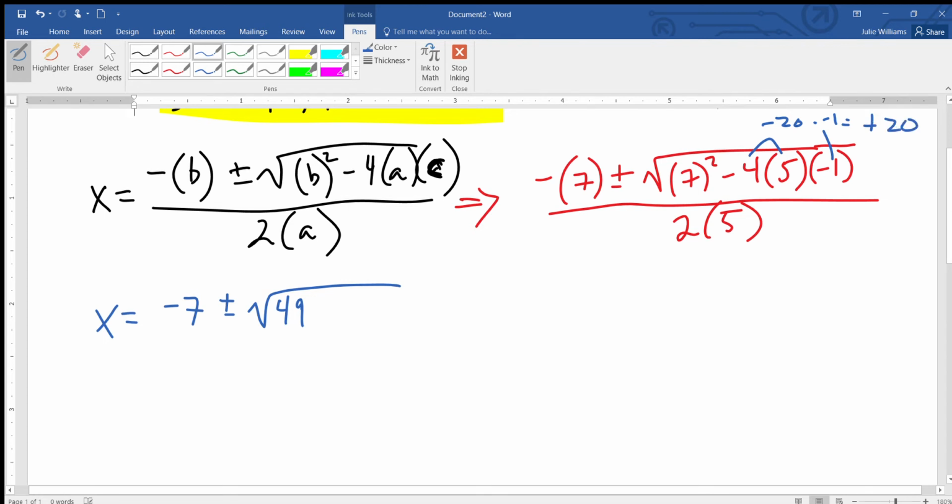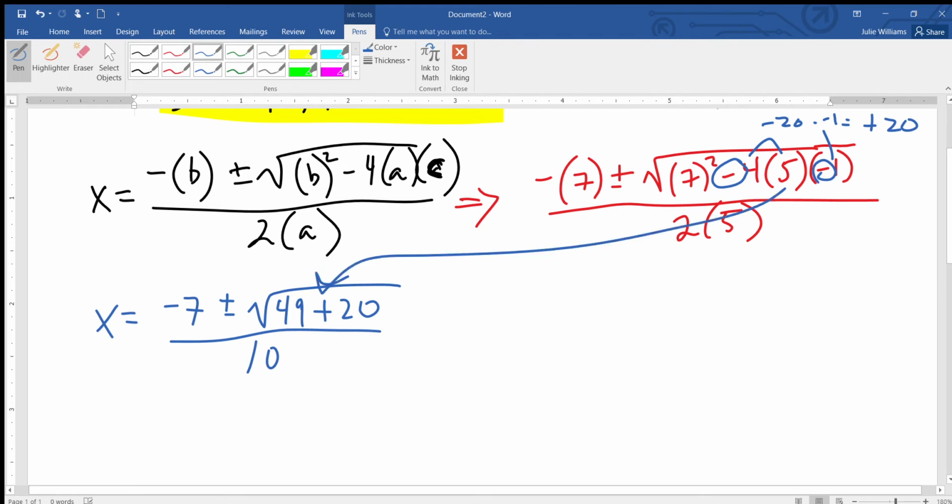So I put a plus 20 here, and that is all over 10. Again, I have two negative symbols. If I have 2, then it's going to be a plus over here. It's really important.